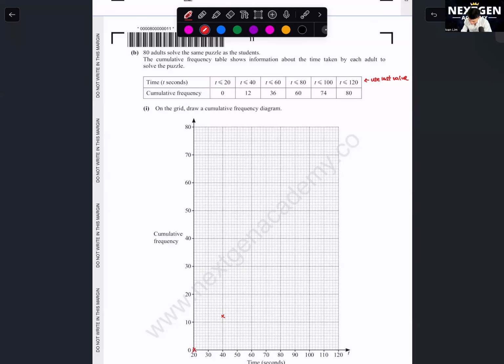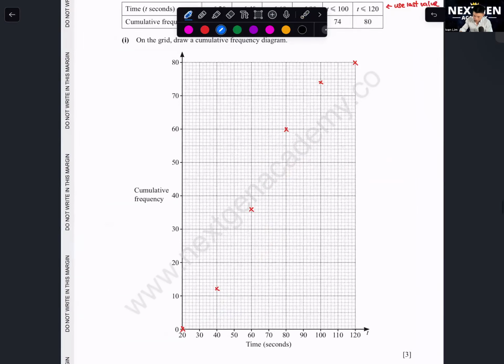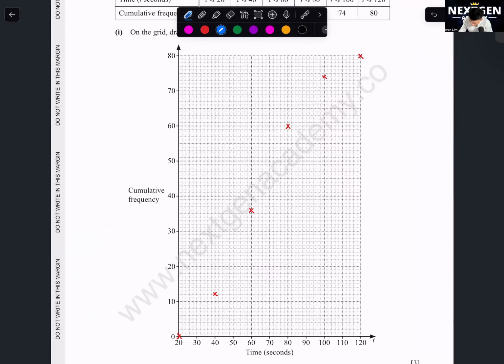So 60, 36. 80, 60. 100, 74. 120, 80. Your graph also should be, I call it a sexy curve. This is how my teacher taught me last time. It's like an S shape like that. So you freehand it.